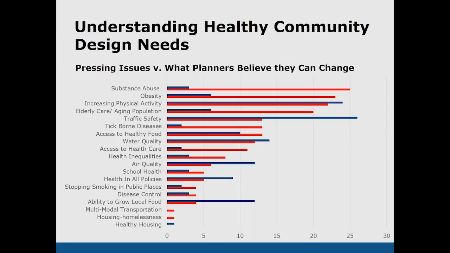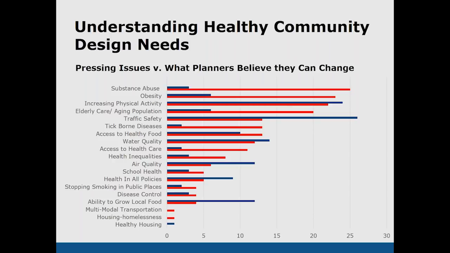So this slide shows the results of that survey element, showing in red what planners thought the greatest needs in their community were, and in blue are what are topics where planners felt they had the ability to affect change and had the tools they need.